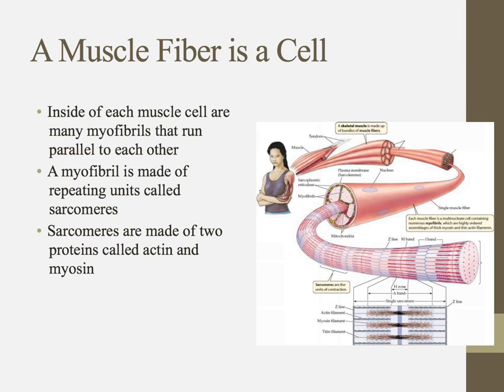Okay, so just to recap, inside of each muscle cell are parallel tubes called myofibrils. A myofibril is made up of myosin and actin. And myosin and actin even have their own repeating units called sarcomeres.